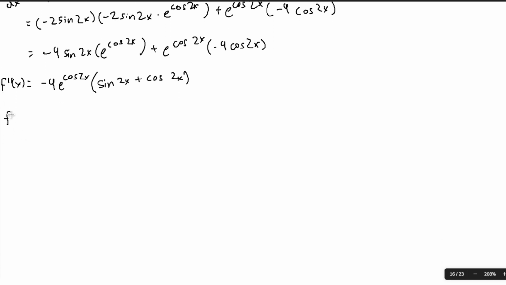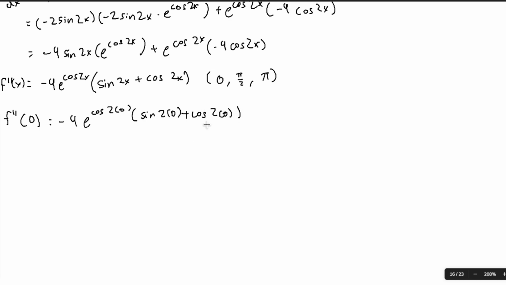Now we can substitute our x values, which were 0, pi over 2, and pi. With this knowledge, we can do minus 4 e cos 0 times sine 0 plus cos 0.